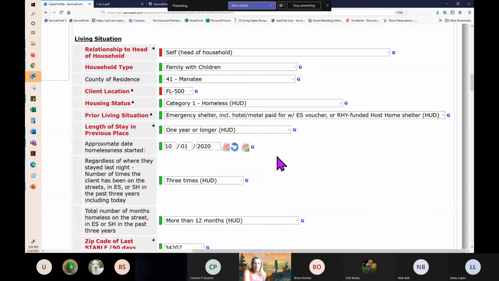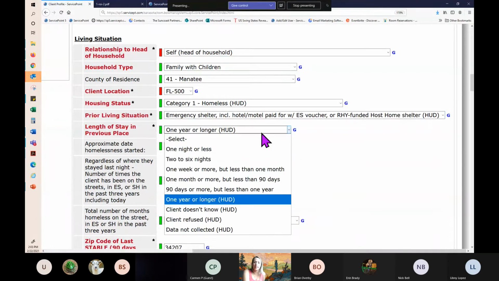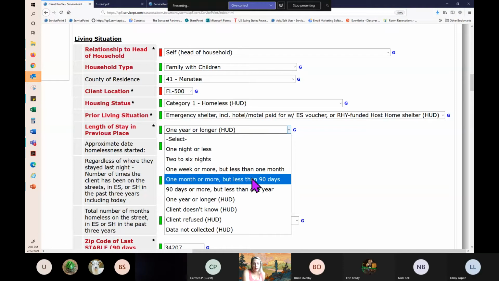Since January, we have been working to send out access point corrections.